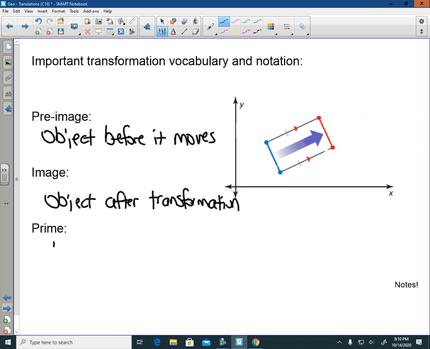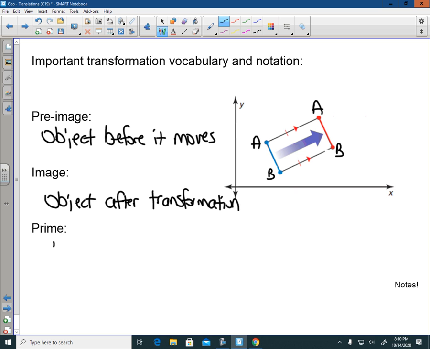So if we have this segment, and let's call this blue segment AB, we can see from the arrows in this diagram that segment AB is the preimage. The blue segment is the preimage because that's where this object started. And then what that arrow tells us is that it moves over here to this red segment, and that is the image, the object after transformation. But it started out being called segment AB, and we want to be able to tell that it moved to another place, but it's still AB.